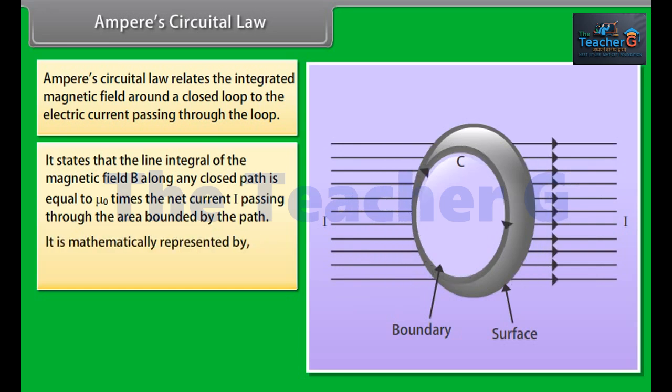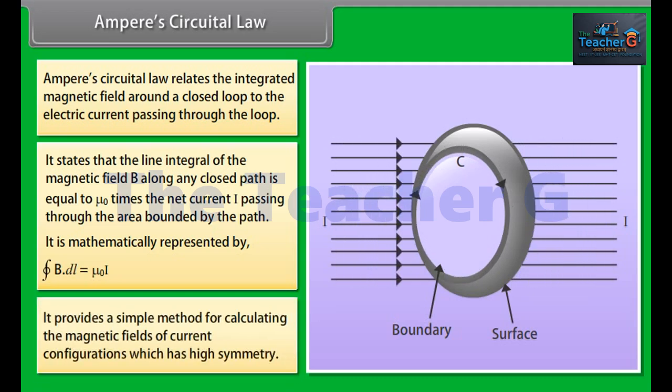It is mathematically represented by the closed integral of B dot dl is equal to mu naught I. It provides a simple method for calculating the magnetic fields of current configurations which have high symmetry.